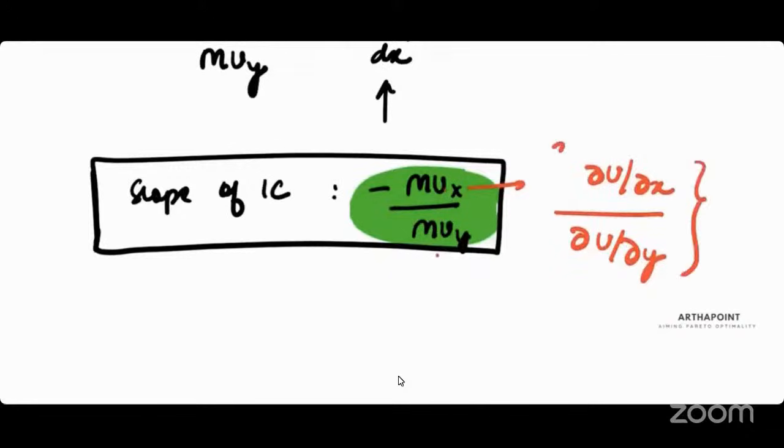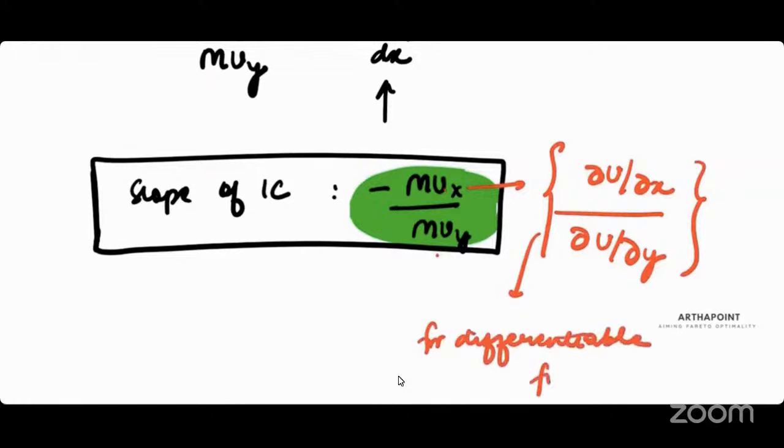You can only find this for differentiable functions. If you cannot differentiate your function, you cannot find MUx and MUy the way that we are doing here. We'll talk about those functions which are non-differentiable also. But for now, understand that if the function is not differentiable, you cannot find MUx and MUy.